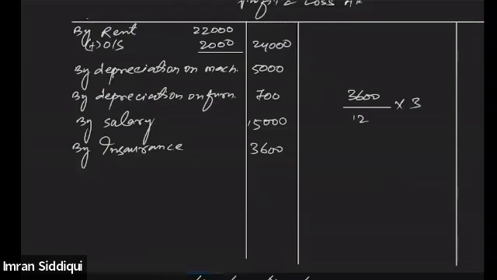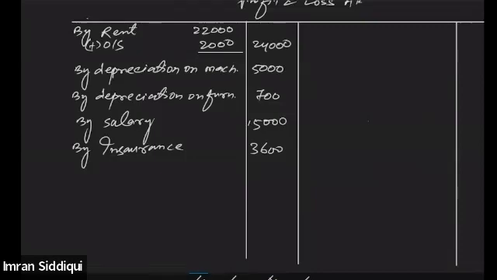We have paid till the month of March, but for the months of April and May, we have paid on an advance basis. So 3,600 divided by 12 will be 300, and we'll multiply it by 2. That means 600 has been paid on an advance basis.